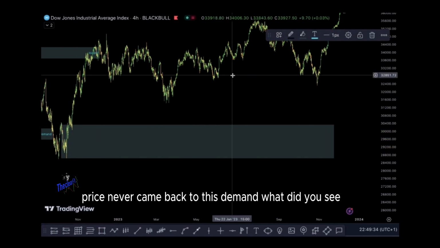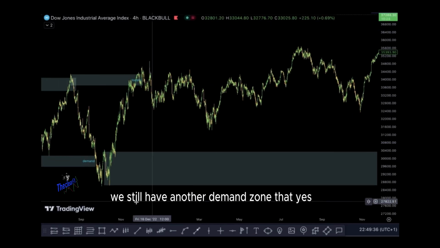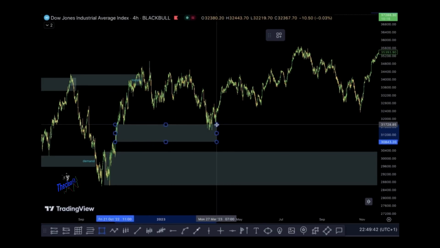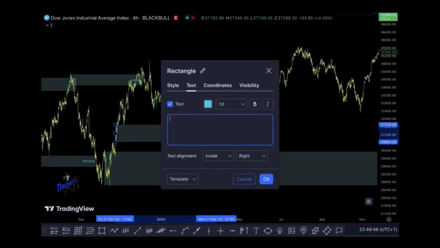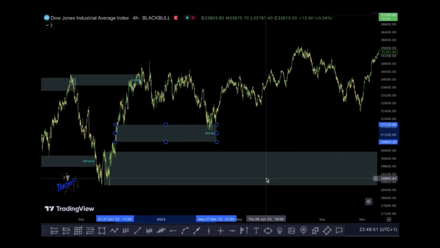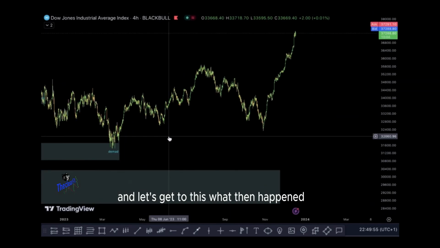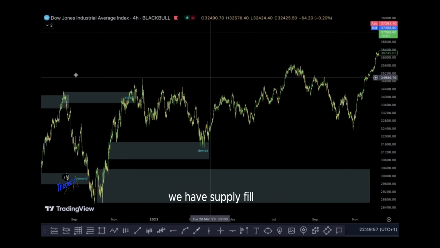Price never came back to this demand. What did you see? We still have another demand zone that yes, price mitigate, which is inside bar. As you can see, price came back to this demand and mitigate to it. What then happened? We have supply fell.